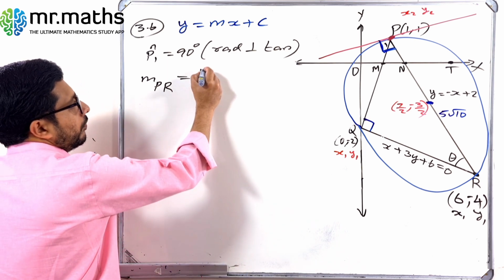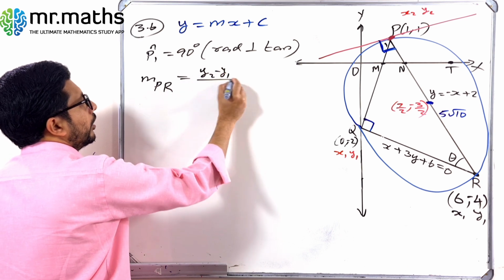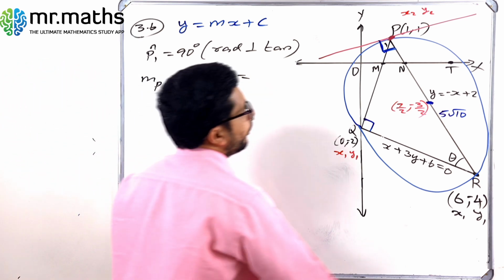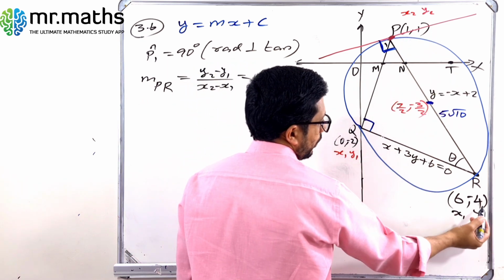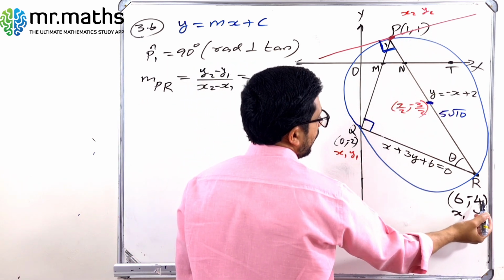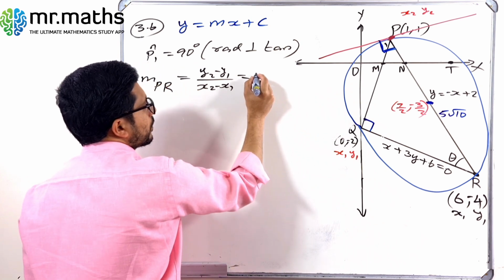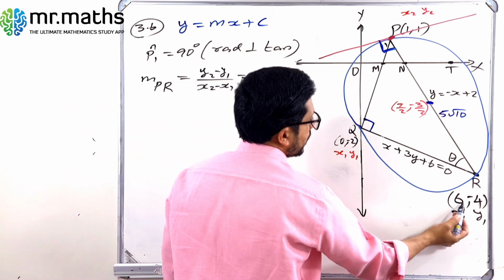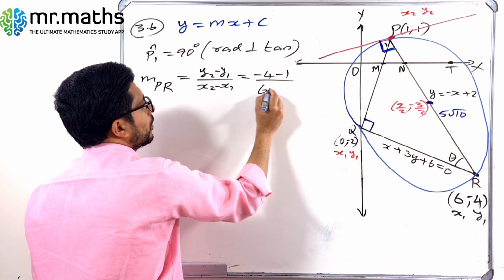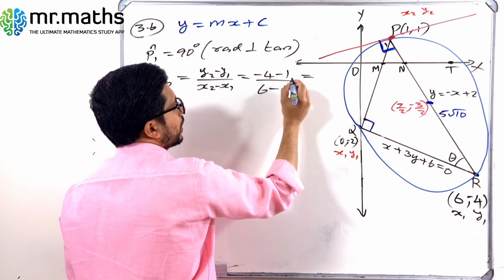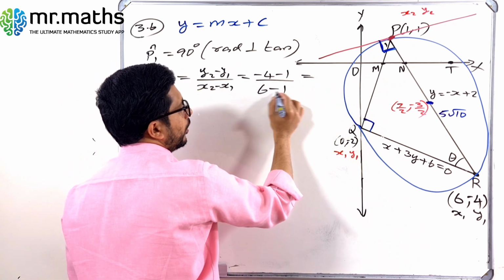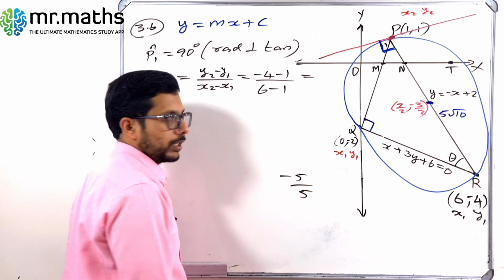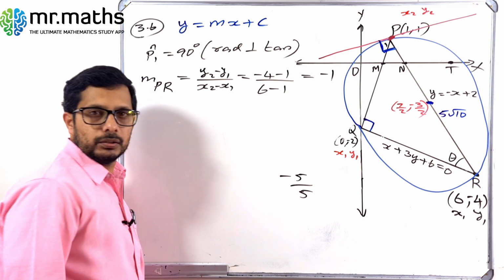How can you find the gradient? y2 minus y1 divided by x2 minus x1. Here, minus 4 minus 1, over 6 minus 1. So minus 5 divided by 5. What is the answer? Minus 1.